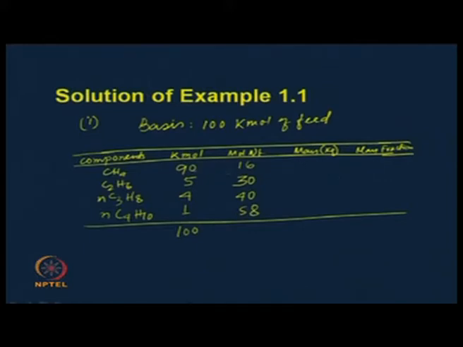We can calculate the mass of each species by multiplying kmol with the molecular weight.